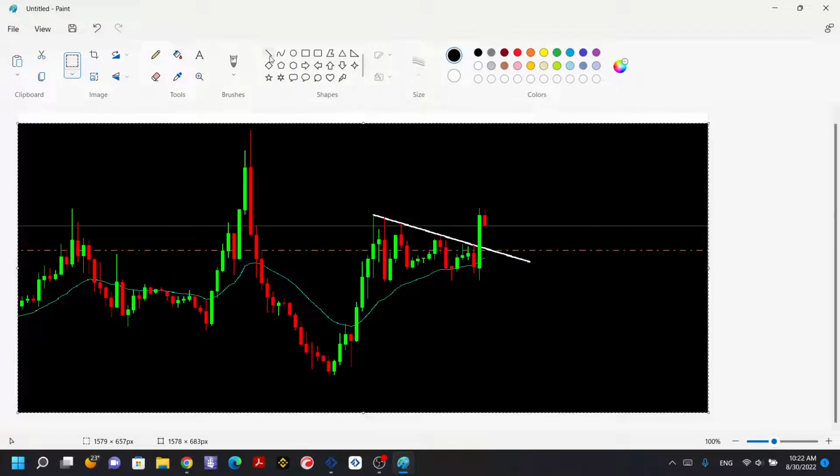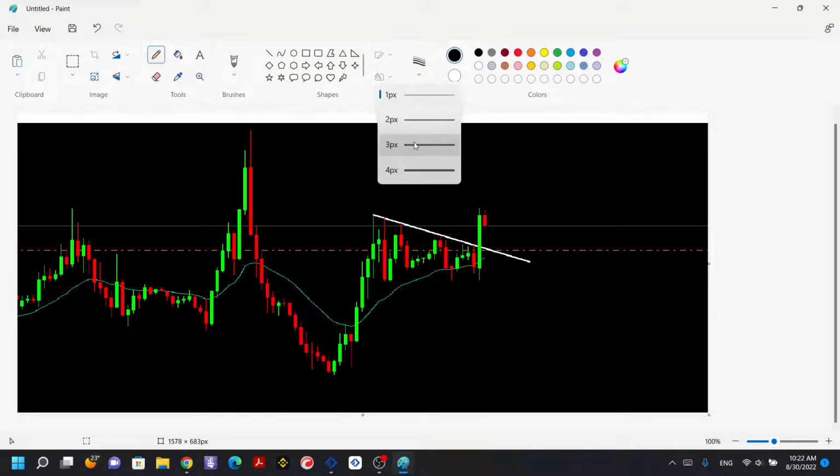One concern is a lot of times after we have a flag, which is this flag here, a breakout, market comes back down again to test the flag before a continuation.